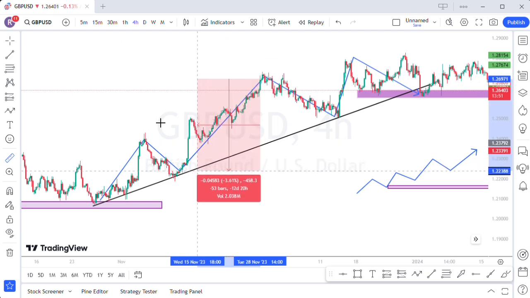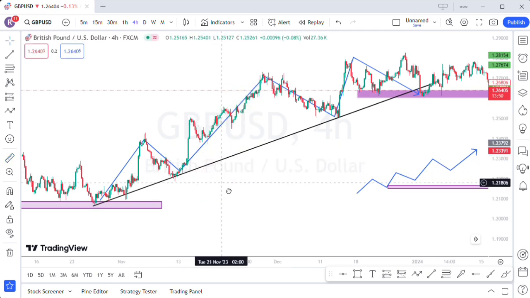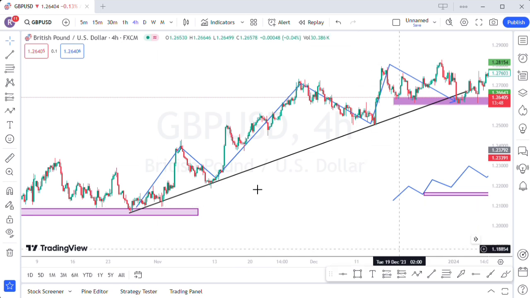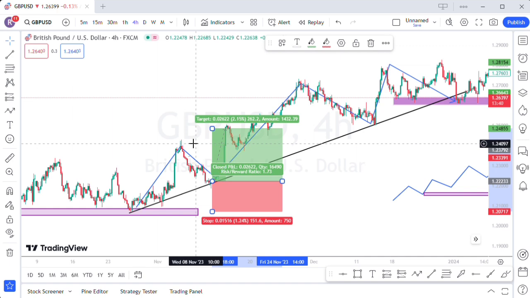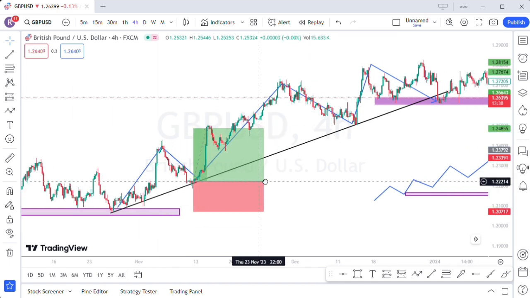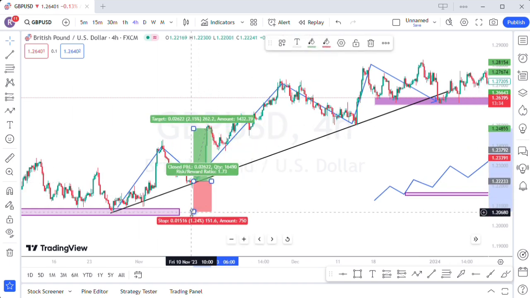So let me see how many pips you could catch up to that point. You could catch about 500 pips at that point. You could catch that high or the next up move to the upside.